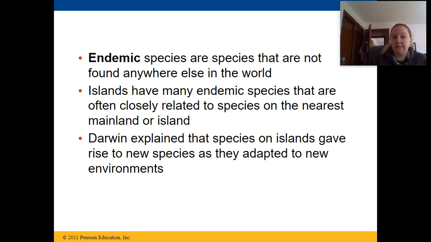Endemic species are species that are not found anywhere else in the world, so they are native to just that one land. Islands that have these types of species are often closely related to species on the nearest mainland or island. Darwin explained that species on the island gave rise to new species as they adapted to their new environments.